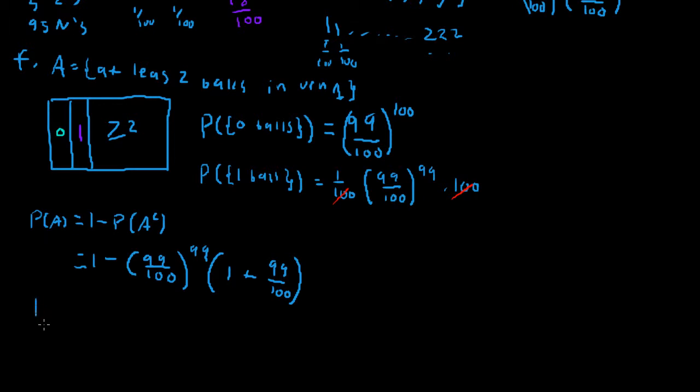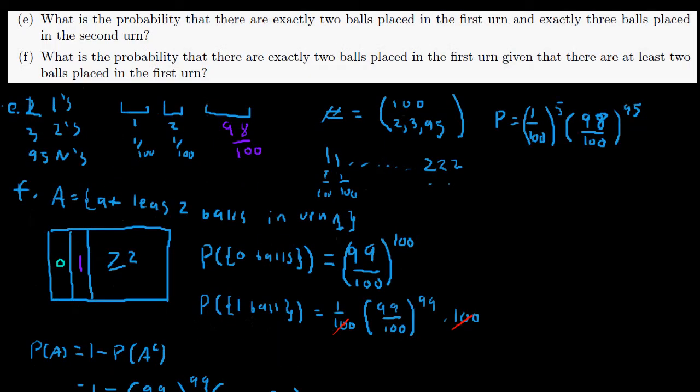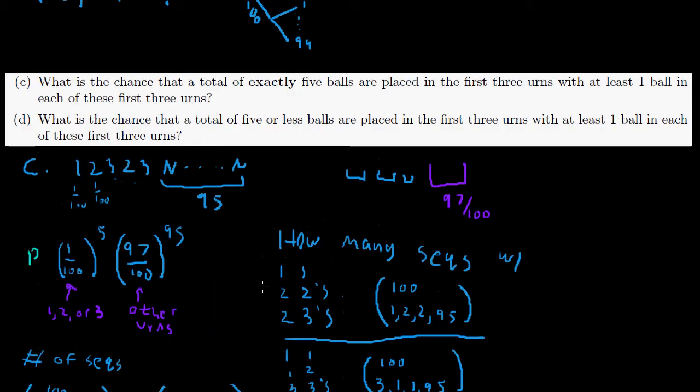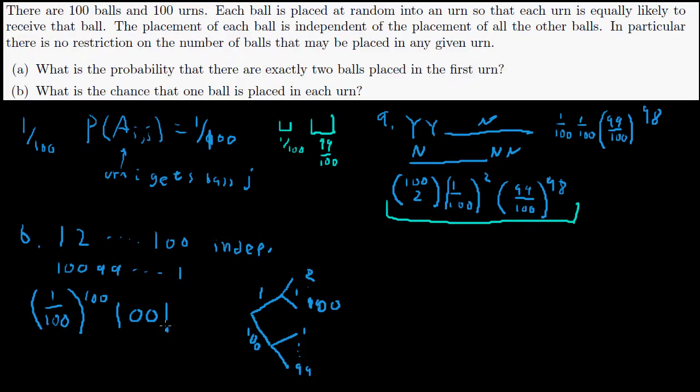Now let B be the event exactly 2 balls in urn 1. Well, we already know what the probability that we get exactly 2 balls in urn 1 is, because we did that in part 1 of the problem. And that's this right here.